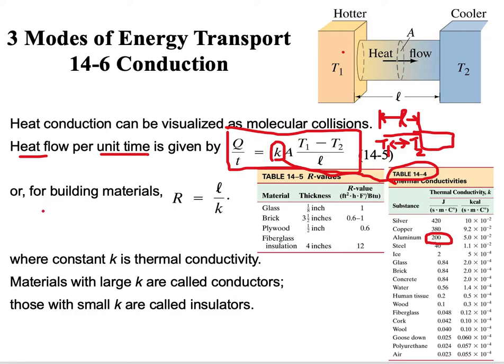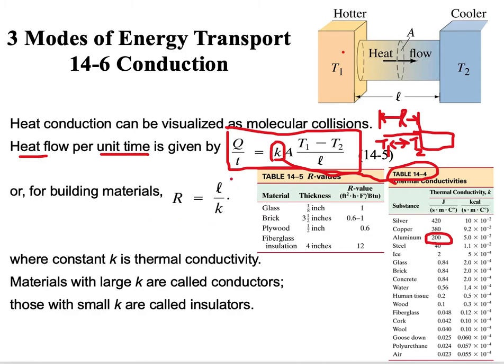Sometimes we look at building materials, and building materials have R values stamped on them. Those R values are a function of the length of the material and this thermal conductivity constant K. For example, if you look at insulation, it will have an R value on it.